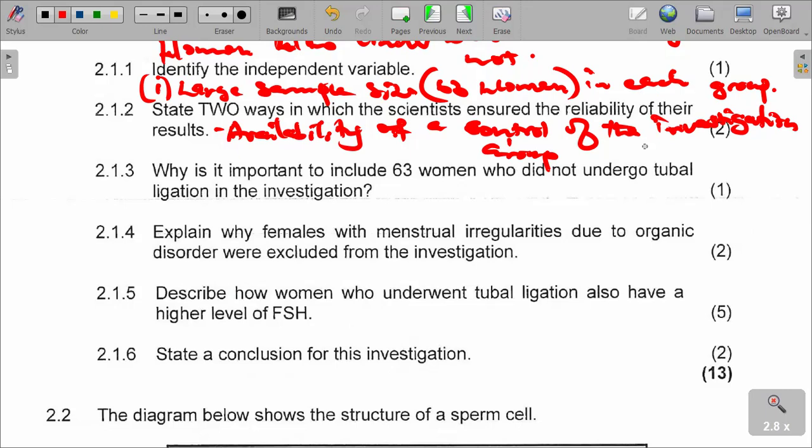I already told you that when we have an investigation where the other group is not manipulated, these women who did not undergo tubal litigation were given in order to act as a control, a control for comparison of results.